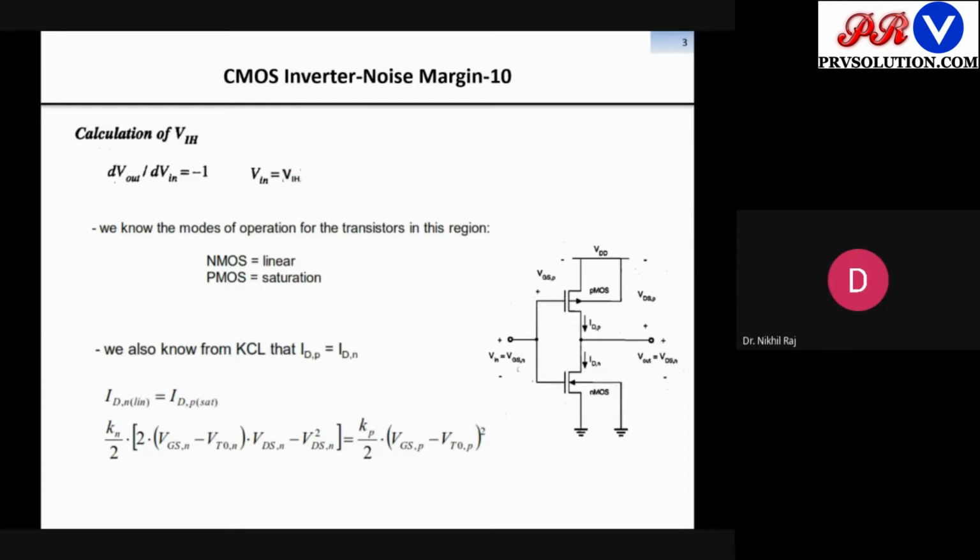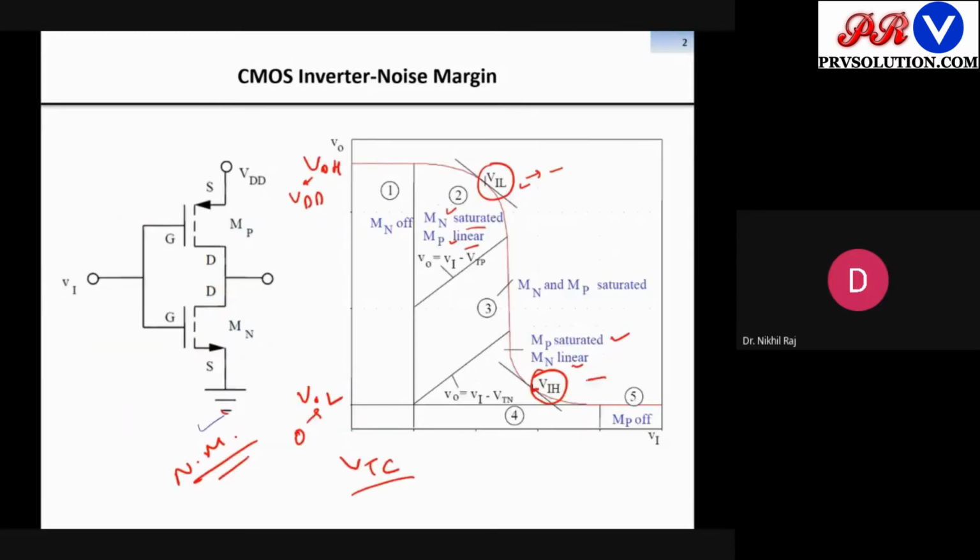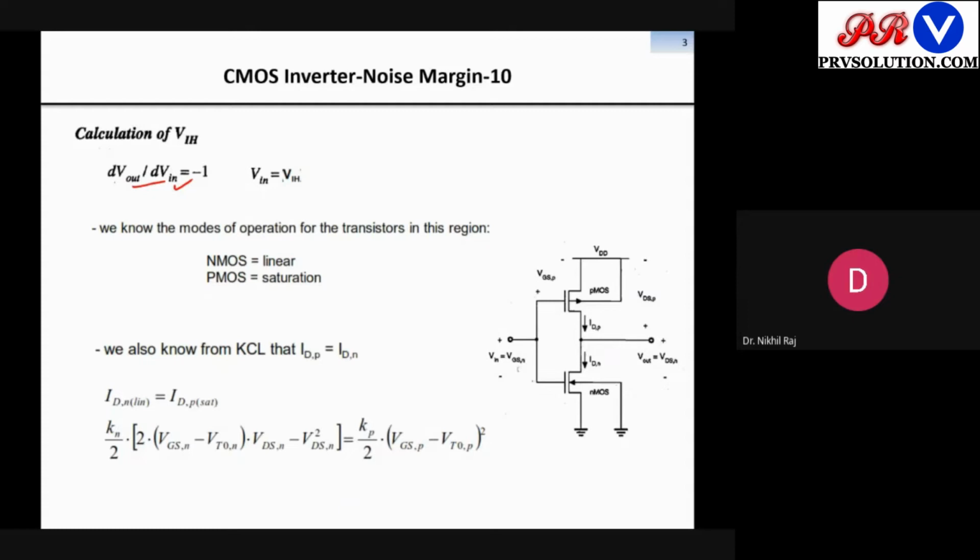We know that at the VIH, the slope will be -1. While doing the calculation, we will substitute Vin equals VIH.